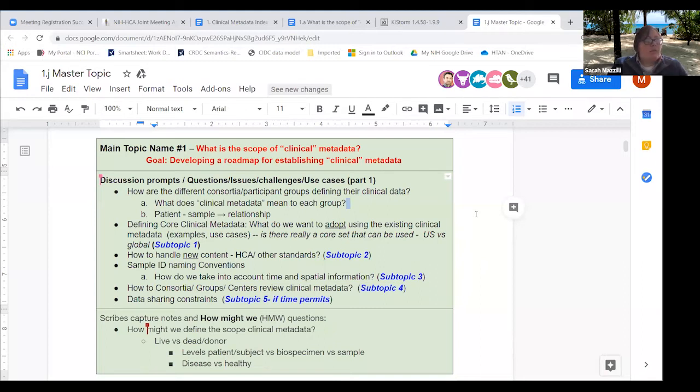Maybe we'll start the next session talking about these naming conventions, and how we relate patient to biospecimen to sample, or if it's not patient, species, or wherever the sample type starts. But also maybe discuss how we're managing multiple entries. So a patient may have multiple samples taken at once.